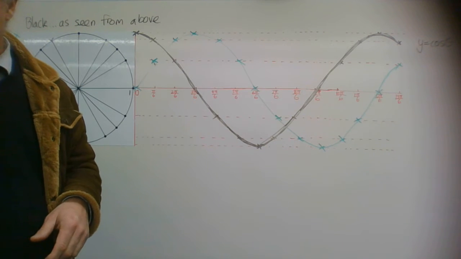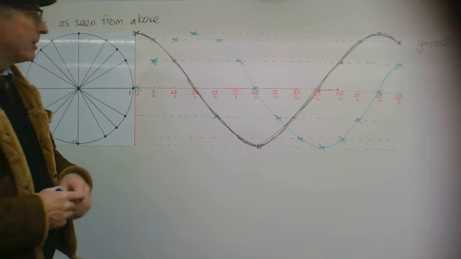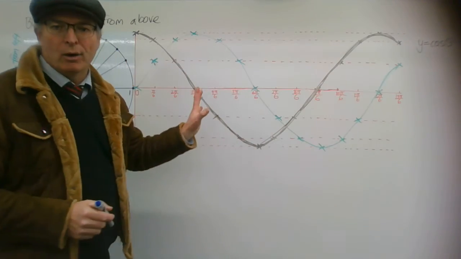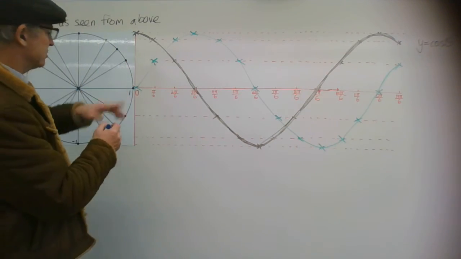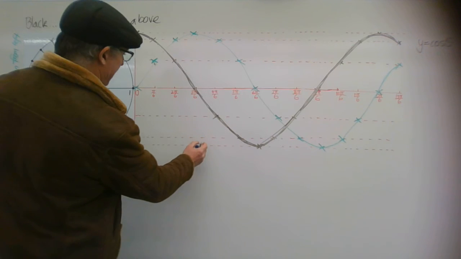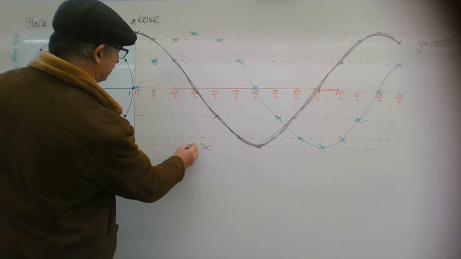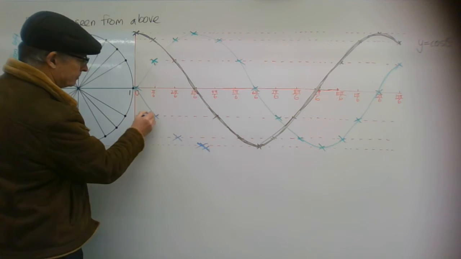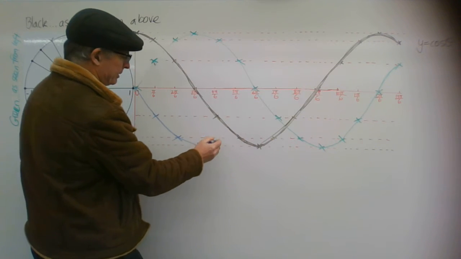So if I do a picture of not sine while this is going on, but minus sine, I just need to flip what I've already got drawn there.